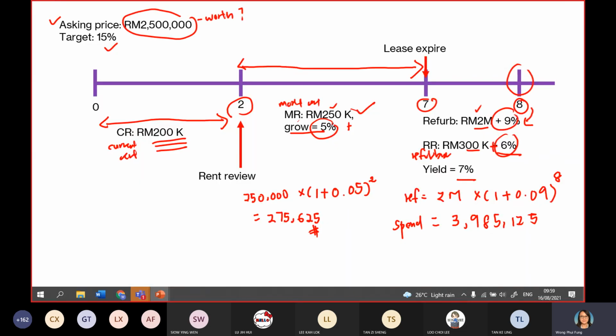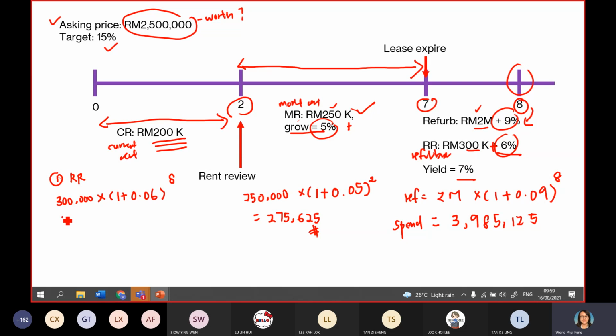So go back to the table. First, calculate the refurbishment rental first. 300,000 times 6%. In how many years' time you are going to enjoy this rental? In 8 years' time. So after you at year 8 refurbish, you start to enjoy.